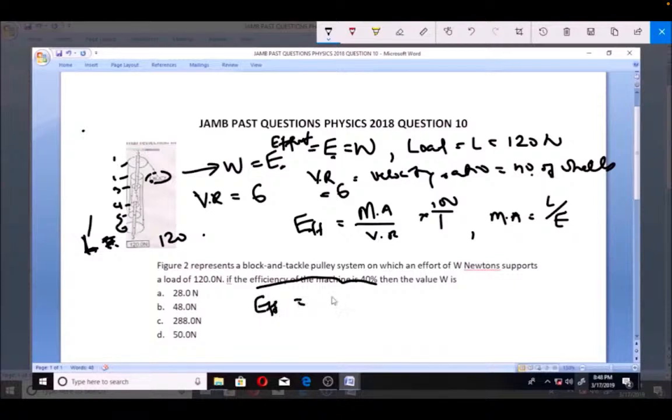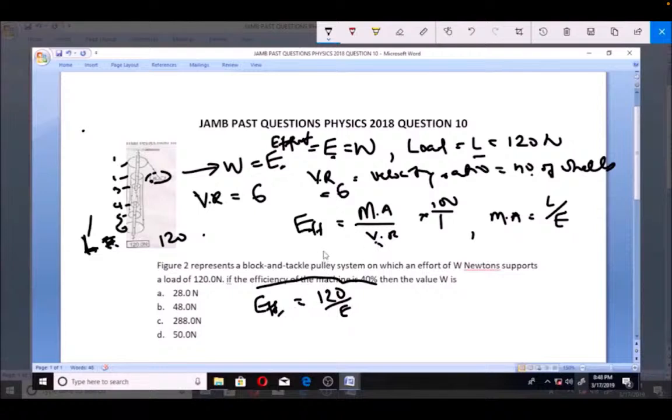Having known all these formulas, we can now calculate efficiency. Efficiency is equal to MA, and MA is L over E, where L is 120. In place of MA, I'm putting L over E, all over VR.